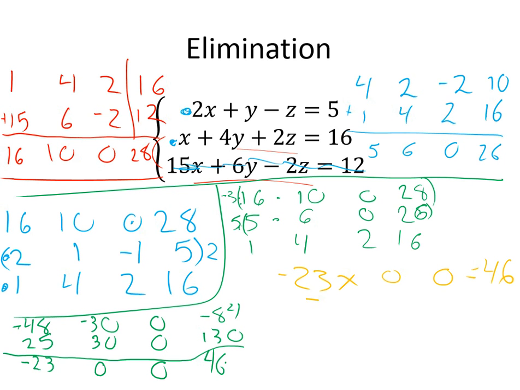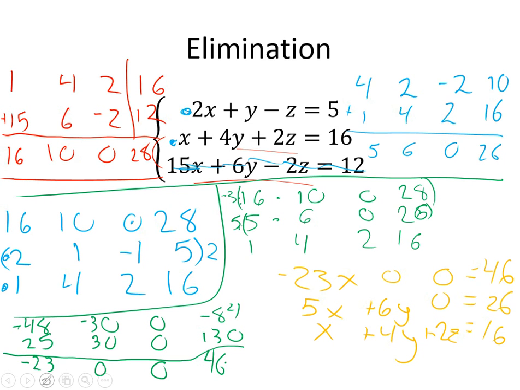And then we have 5x plus 6y, and then 0, is equal to 26. And then we have x plus 4y plus 2z equals 16. And now what we would do is solve. Look, we can find what x is.